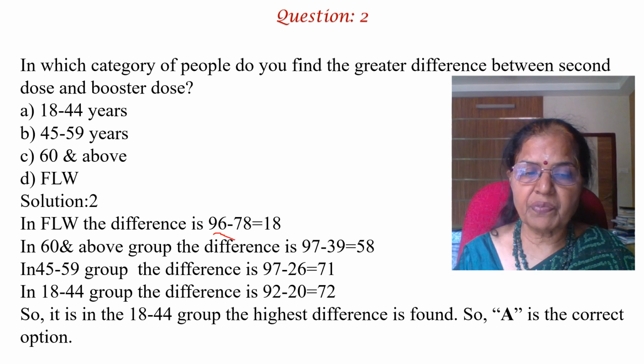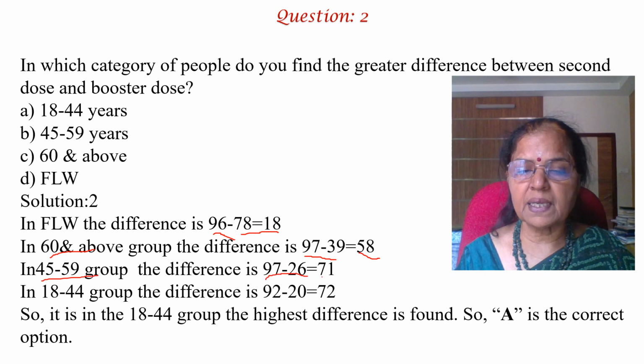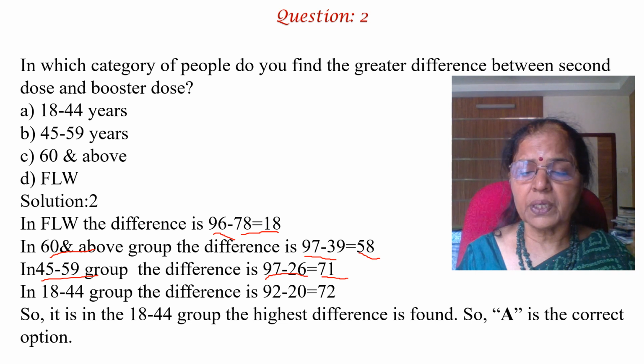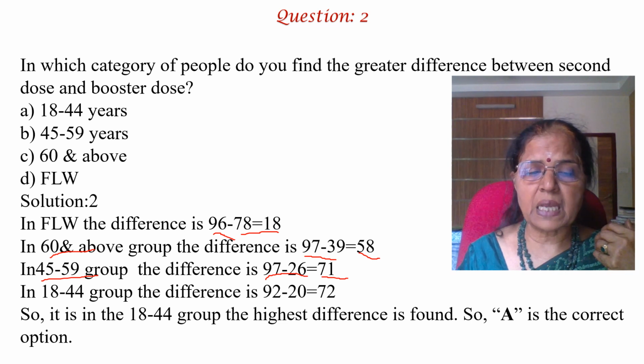So for FLW, it is 96 minus 78, which is 18. For the age group 60 and above, the difference is 97 minus 39, 58. For the group 45 to 59, the difference is between 97 and 26, and the difference is 71. I'm getting this from the table. You need not again look into the graph. Everything is given in the table.